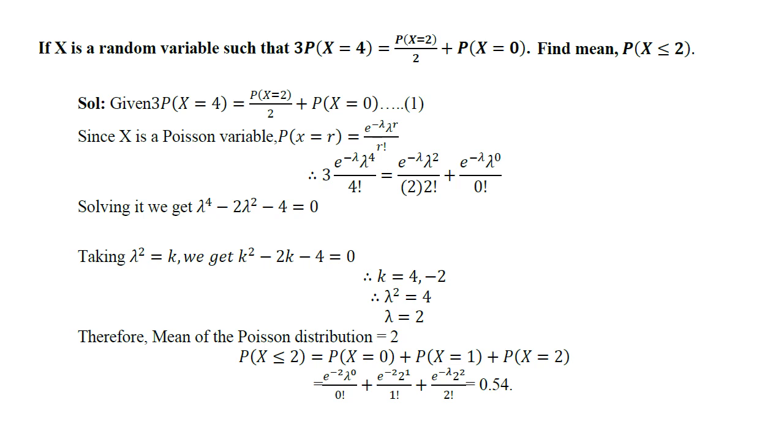Also, they have asked us to find the probability of X less than or equal to 2. We can find P(X = 0) plus P(X = 1) plus P(X = 2) by applying the value of λ and the value of x in the Poisson distribution formula, and we get an answer of 0.54.